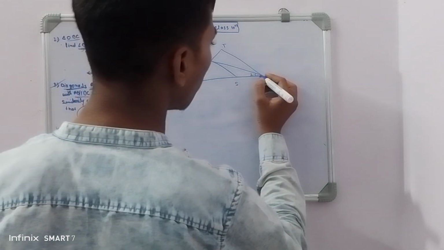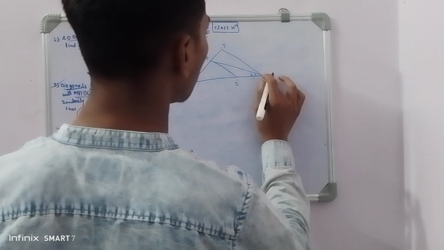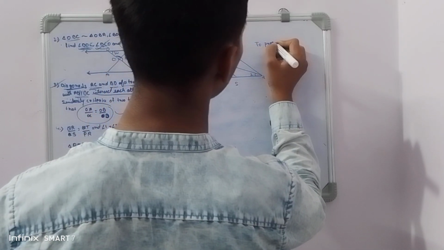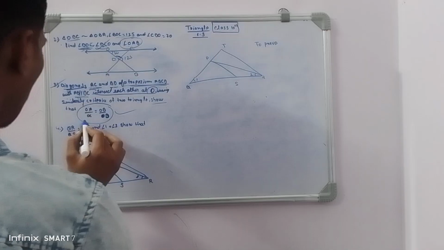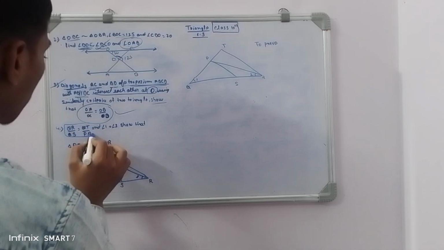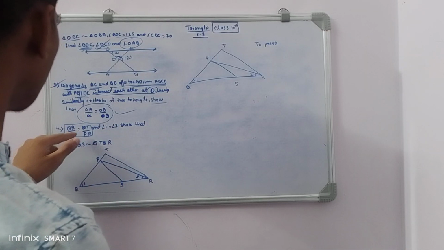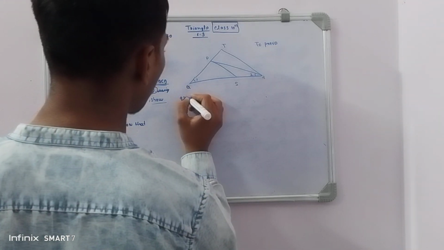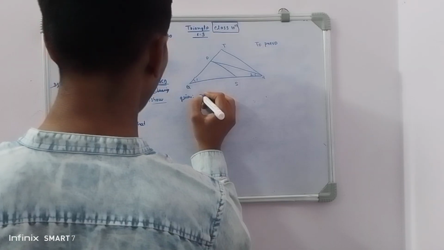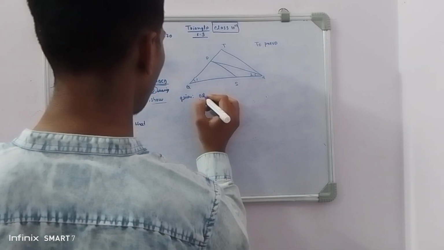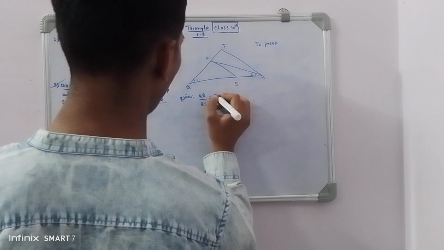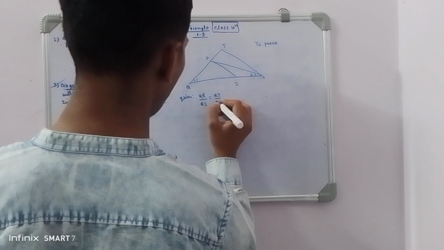Now what we have to prove here. In this we have been given that QR by QS is equal to QT by PR.